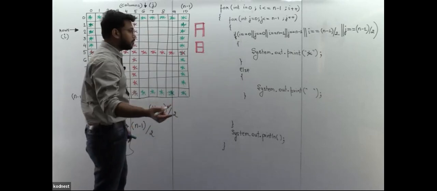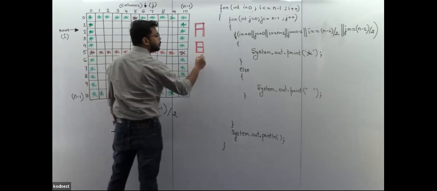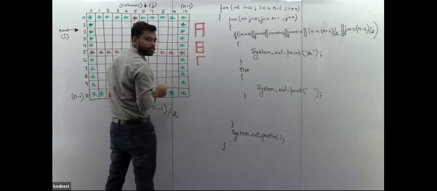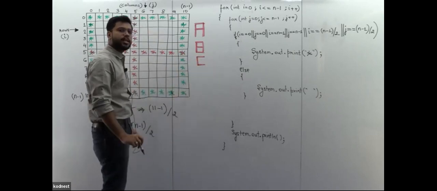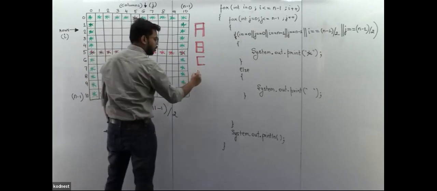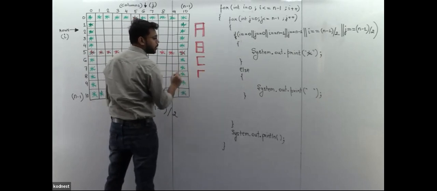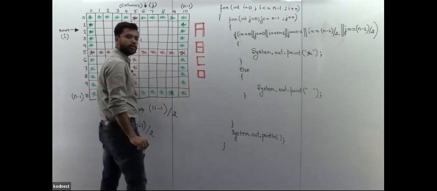Not only this, if you want, you can print C also: i equals 0, j equals 0, i equals n minus 1. This is C. If you want, you can print D also: j equals 0, i equals 0, j equals n minus 1, i equals n minus 1.